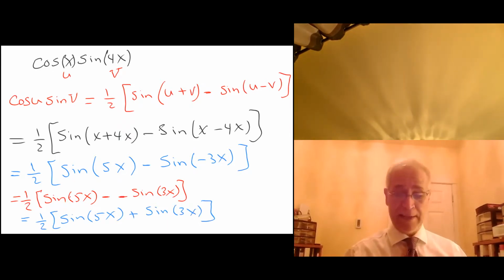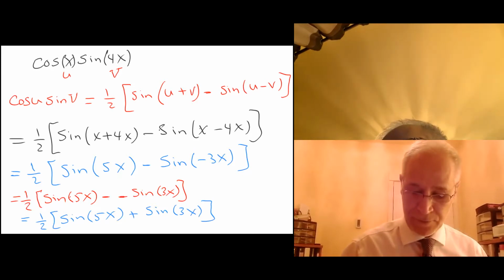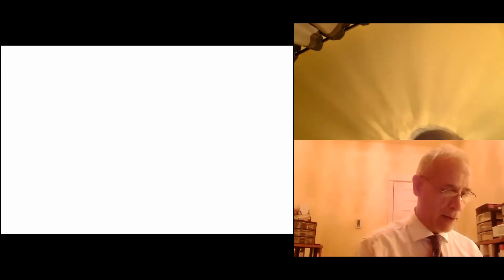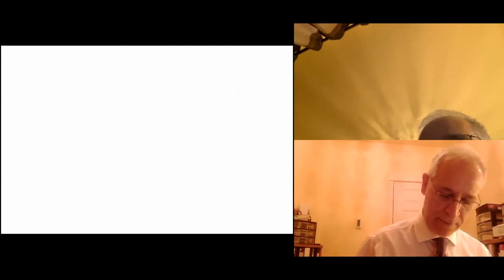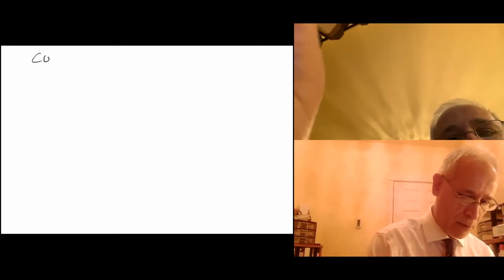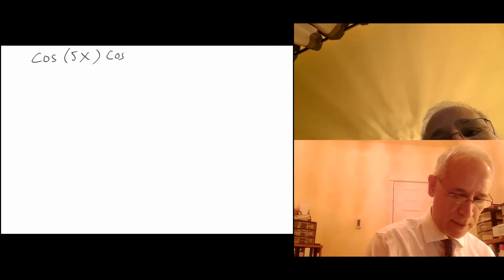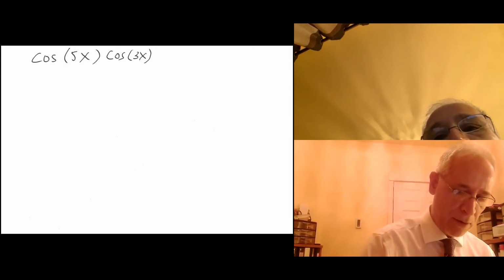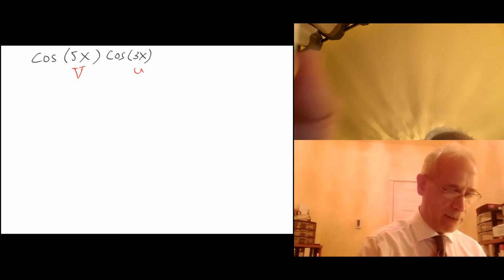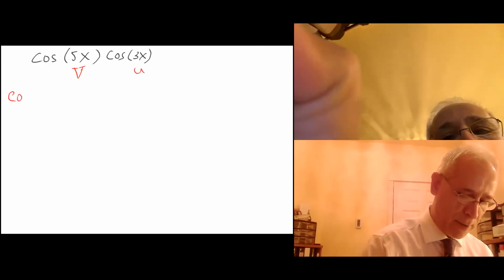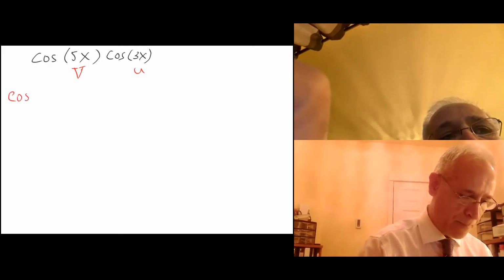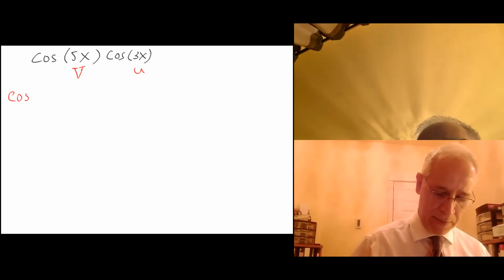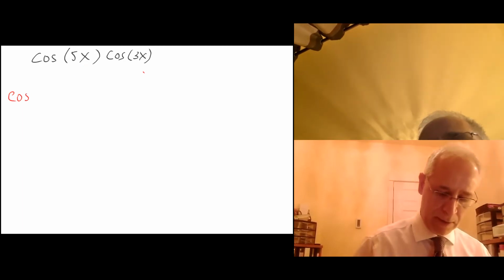Let's do one last one of the last form. We have cosine of 5x cosine of 3x. And this is of the form cosine of u times cosine of v. And the formula for that, let me exchange my u and v to be consistent.